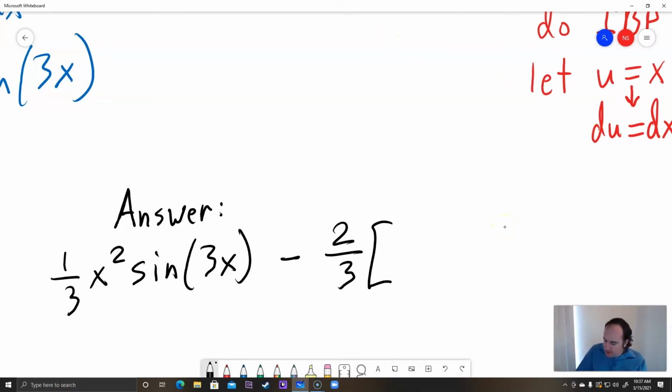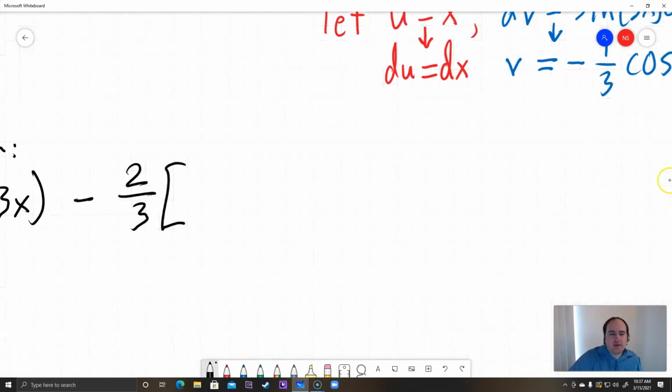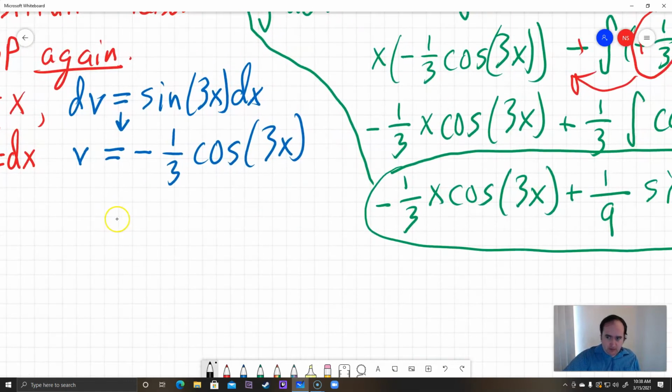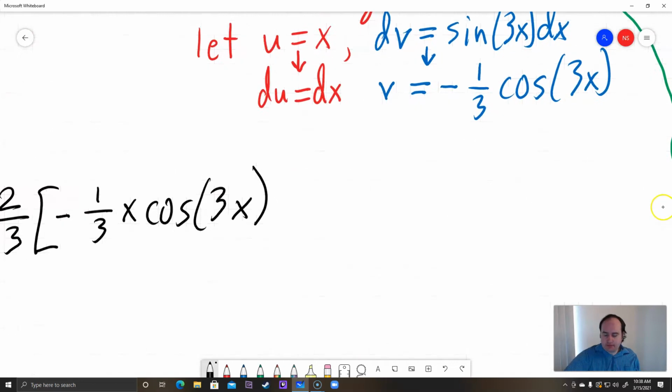So I'll put brackets around the green integral. And then plugging in everything in green, we had negative 1/3 x cosine of 3x. I guess technically we're going to have to simplify this before we have our official answer. Okay, and then we also have a plus 1/9 sine of 3x.